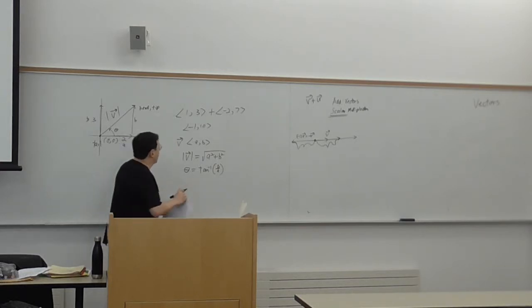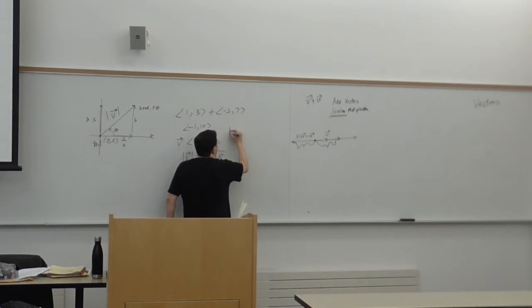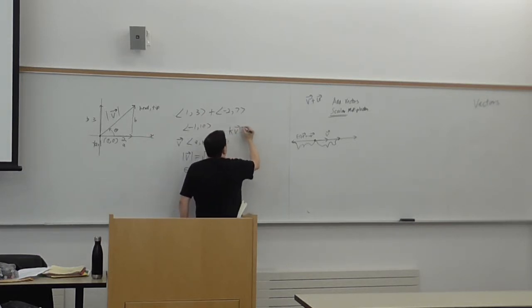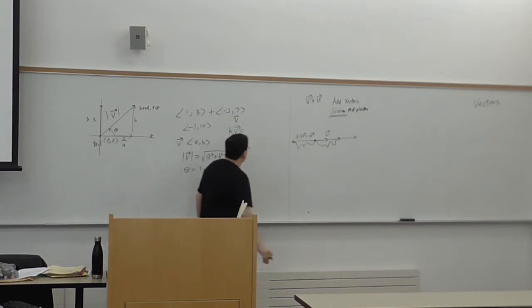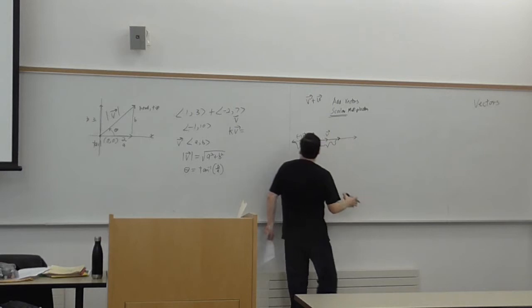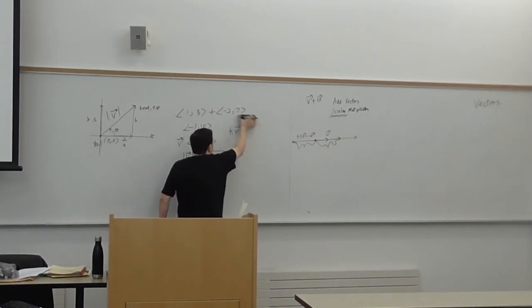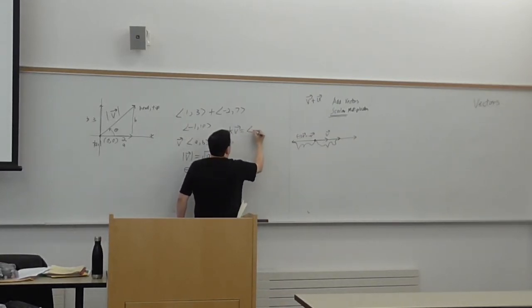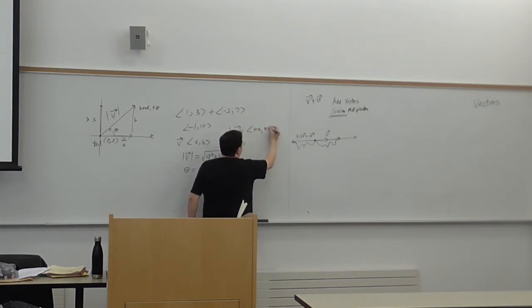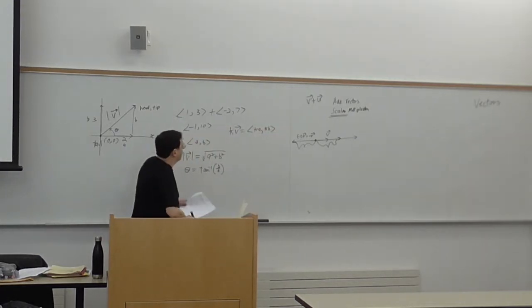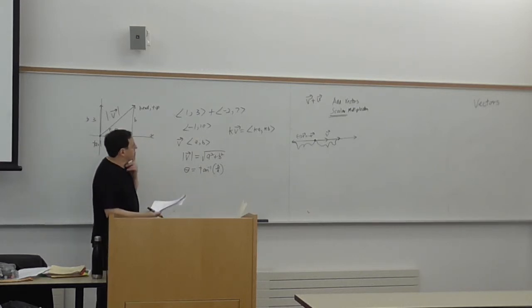When we're dealing with components, we want to multiply a vector times a scalar, where I already have that v is a, b. Again, it's very easy to multiply. We just multiply the constant by the components. So that's another reason the component form is a nice form.